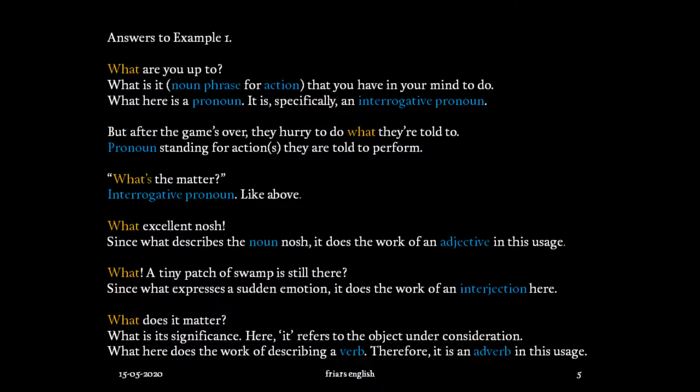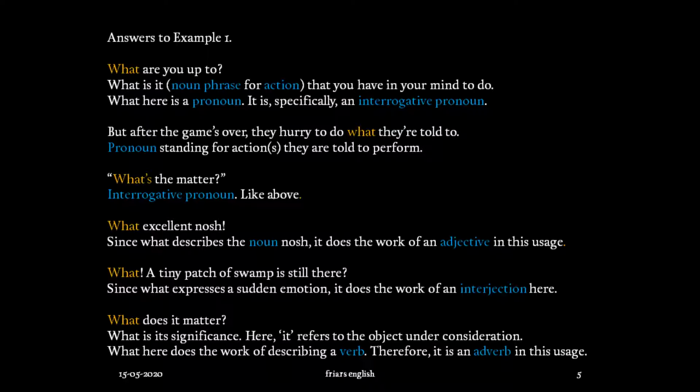You don't say excellent what nosh, just what, then another adjective, then noun. Anyway, what excellent nosh is a way of expressing your emotion or feeling towards it. The speaker likes the thing that is being talked about. And it is an exclamatory sentence, if you have watched the other video, or if you know what exclamatory sentences are.